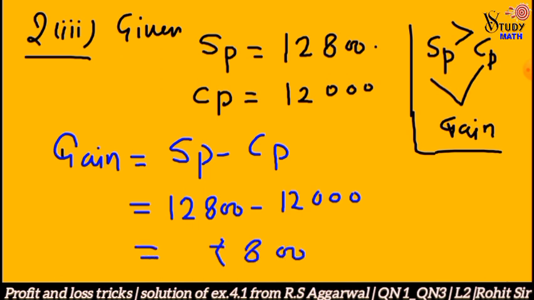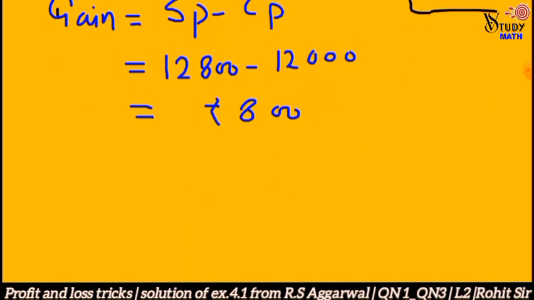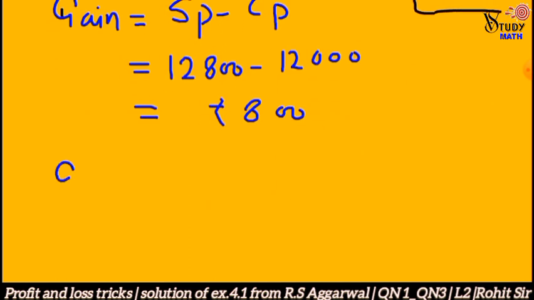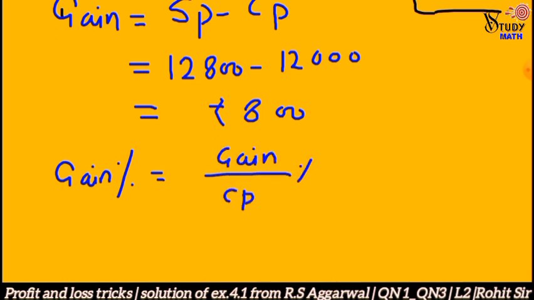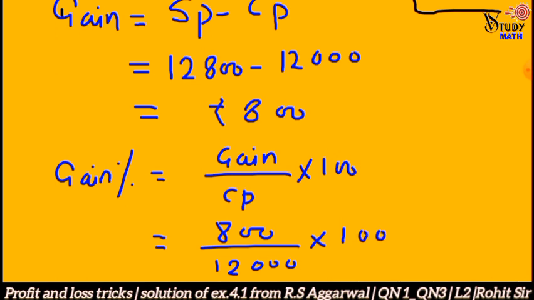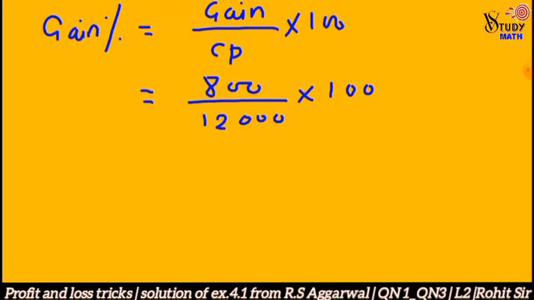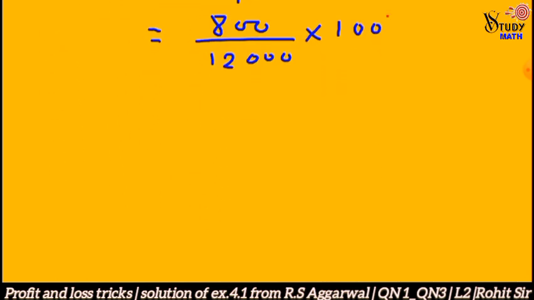Now we have to find gain percent. The formula is gain upon CP into 100. Now put all the values. Gain is 800 upon 12,000 multiply 100. Now do the mathematics. These two 0s cancel these two 0s, and this 0 cancels this 0. Now we have 80 upon 12.